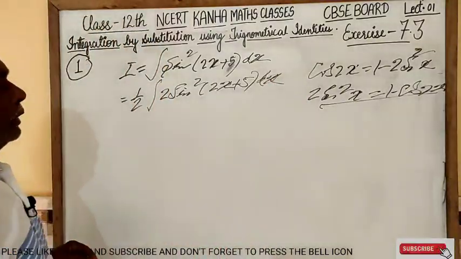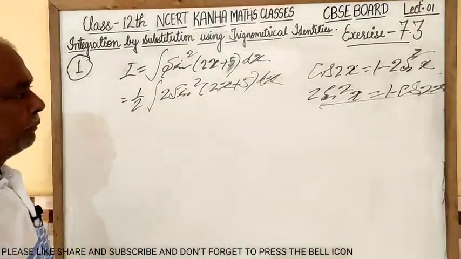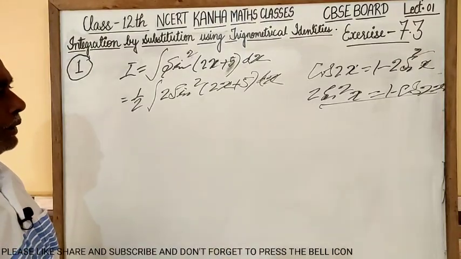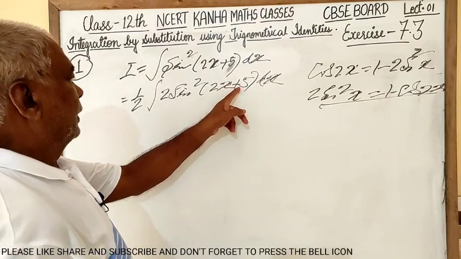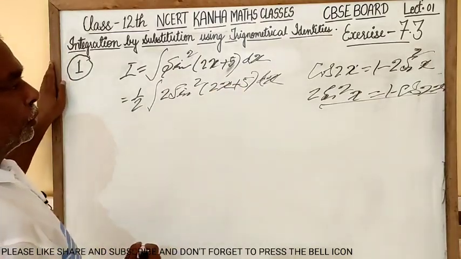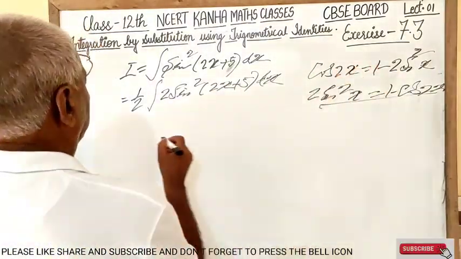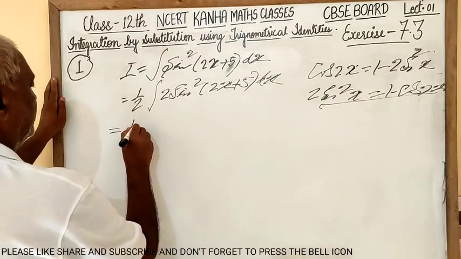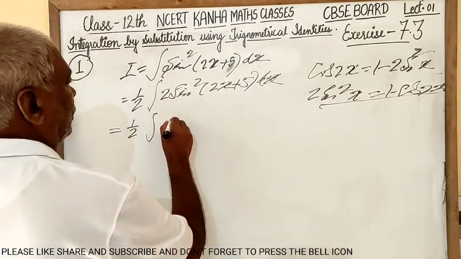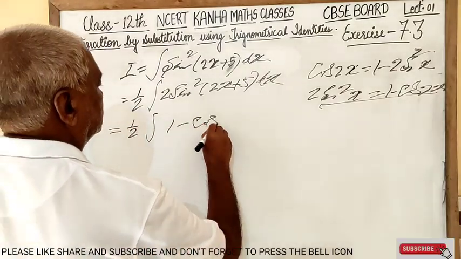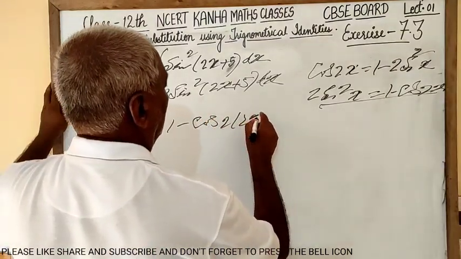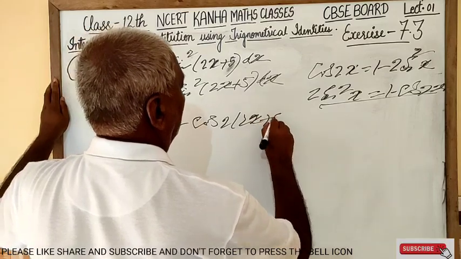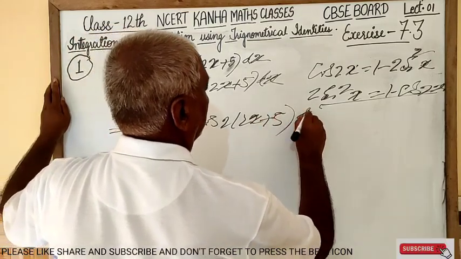Here, we utilize the benefit of this trigonometrical identity. Instead of x, we have written here 2x plus 5. This will be equal to 1 by 2 into 1 minus cos 2 times 2x plus 5 dx.